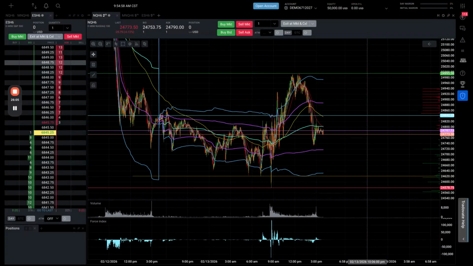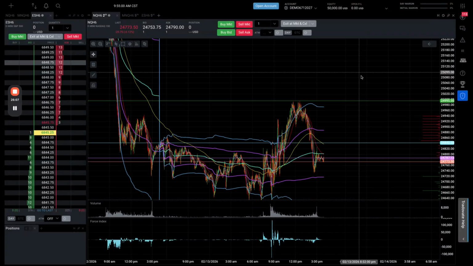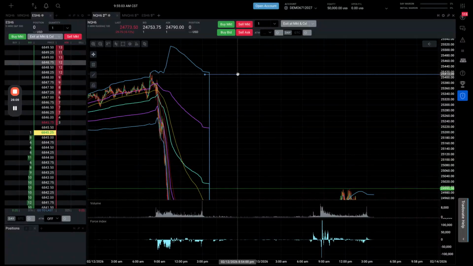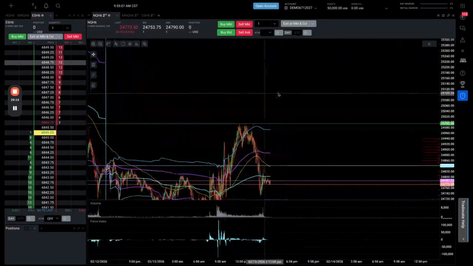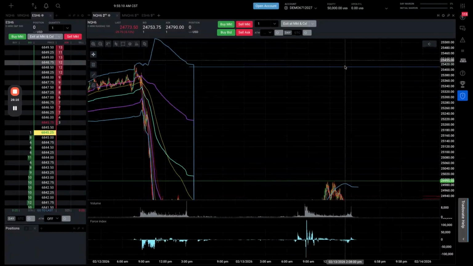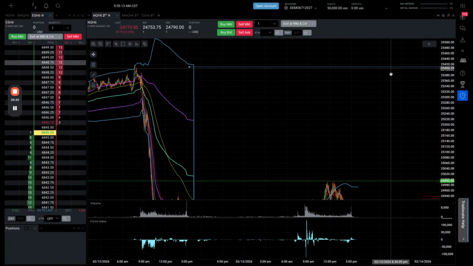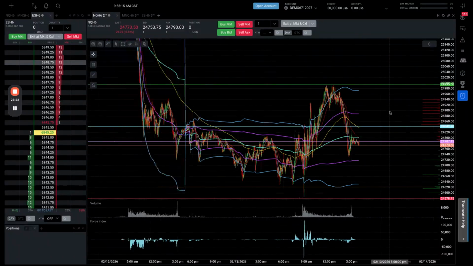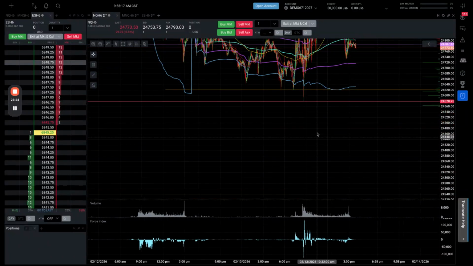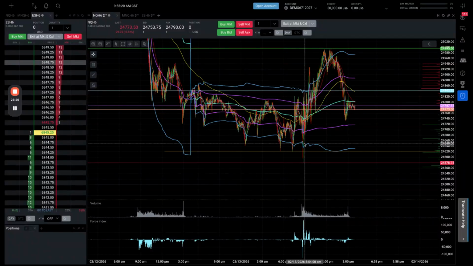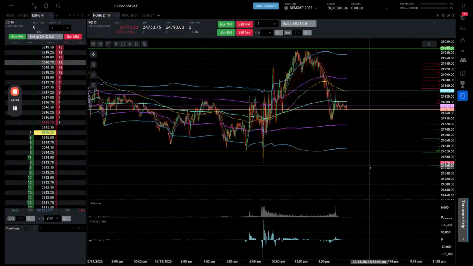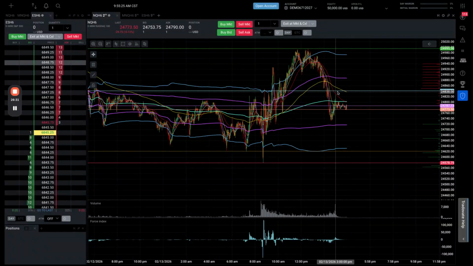And so let me just recap. The main thing we want to do is wait for price to get up here to do sells on the first retest. Since we haven't tested this area yet, this would be a good area when price gets up here to do sells. And we've already retested this a lot of times down here. So it's possible that if we get down here, we could get a little bounce up into here.